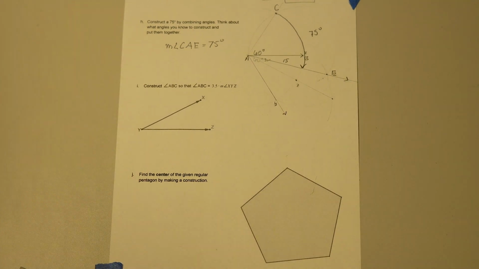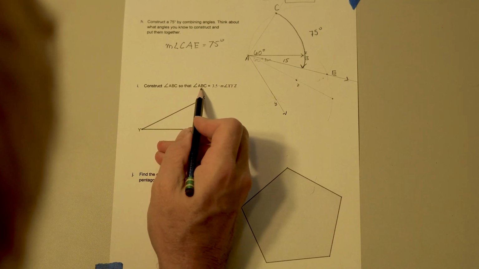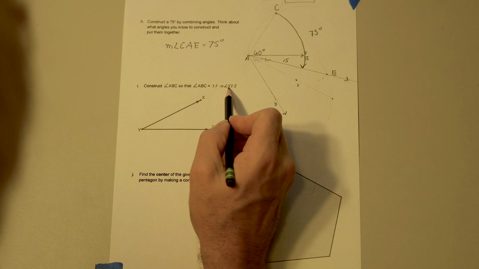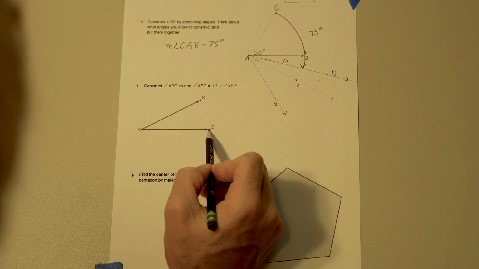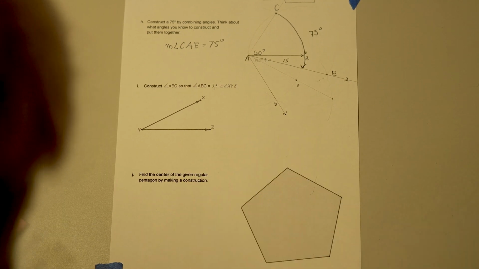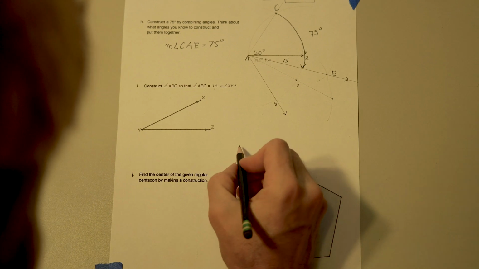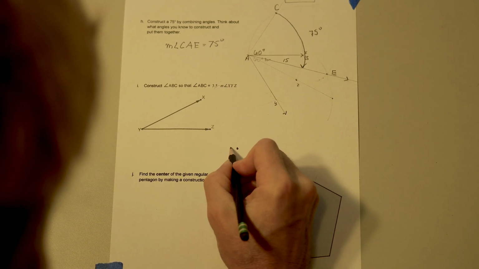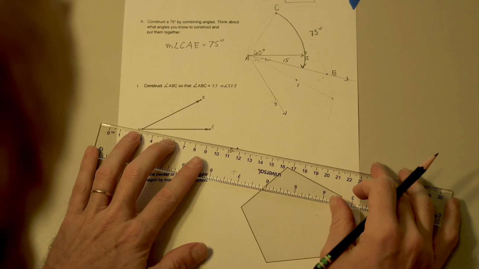All right, I think I'm getting in my own light here. Construct angle ABC so that ABC is 3.5 times the measure of angle XYZ. XYZ is right here. Okay, so we're going to do it right here. ABC has a vertex called B, and we know one of the sides.